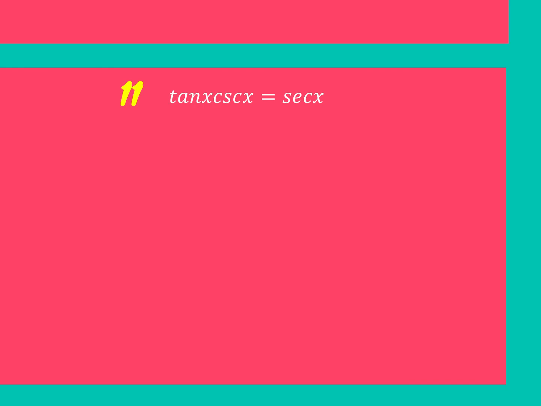What could you do? Okay, so tangent, you have 2 choices, right? 1 over cotangent or sine over cosine. Sine over cosine. What's cosecant? 1 over sine.